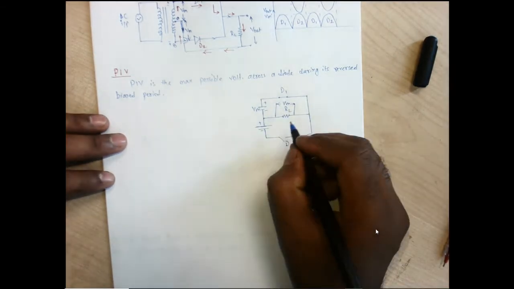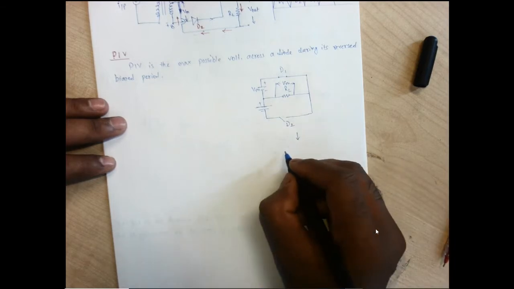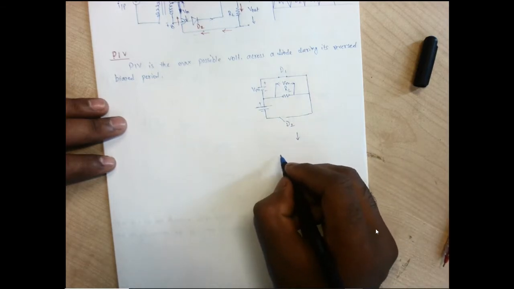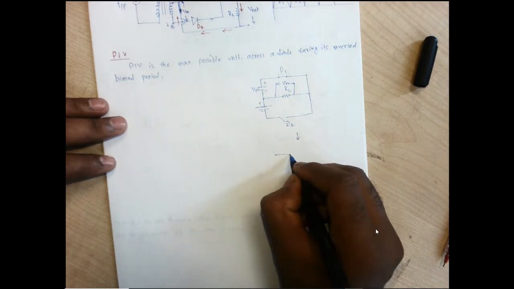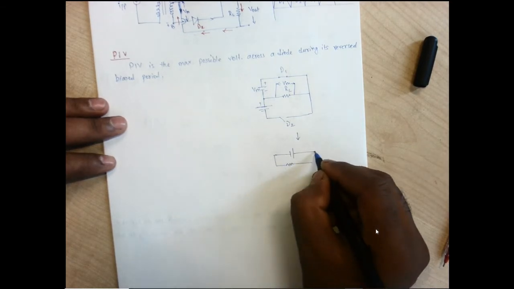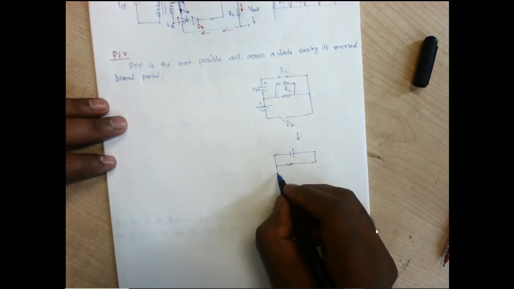Now what is the voltage coming out? Let us further simplify this. We can think of something like this: this is our RL, this is another voltage source.